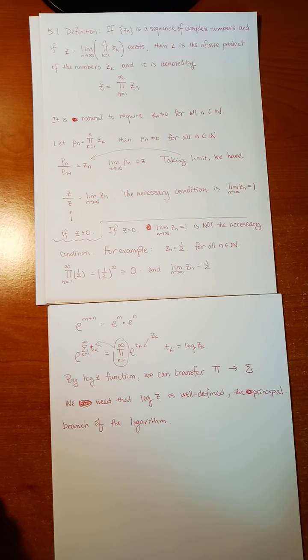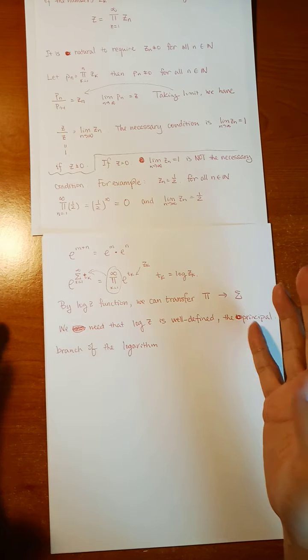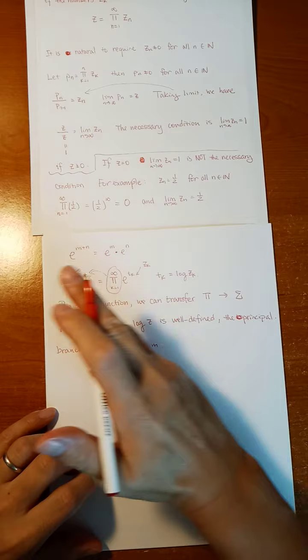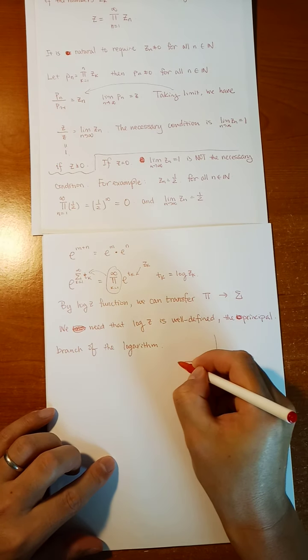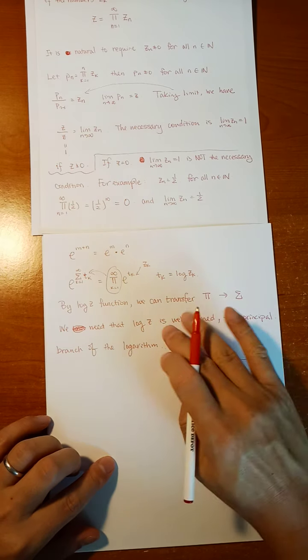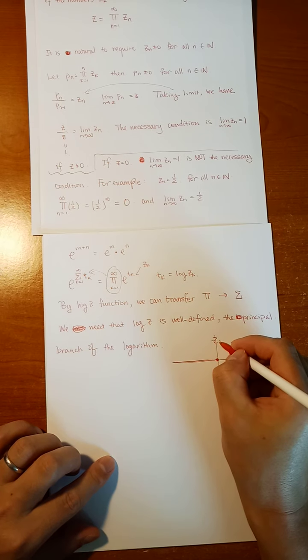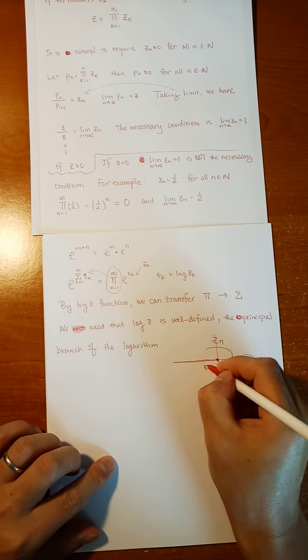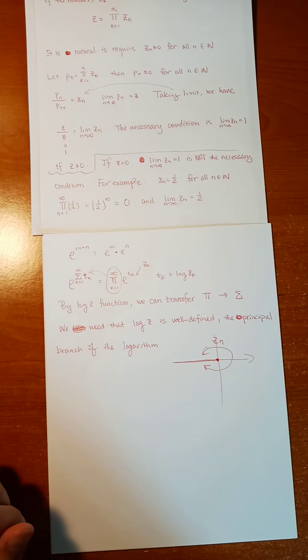Okay? Principal branch of logarithm means we're going to cut the complex plane along the negative real axis, including the 0. We are going to cut it. So all the Zn's should be in this area.